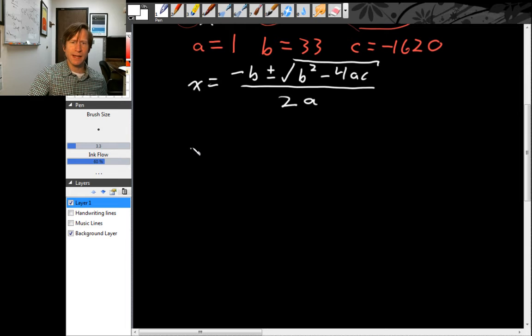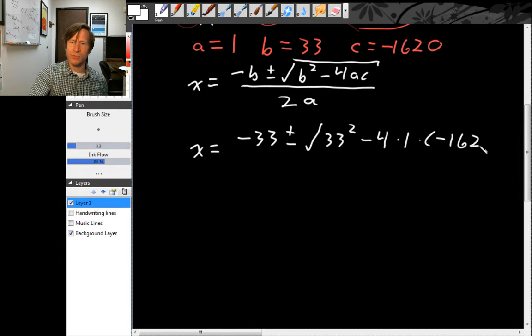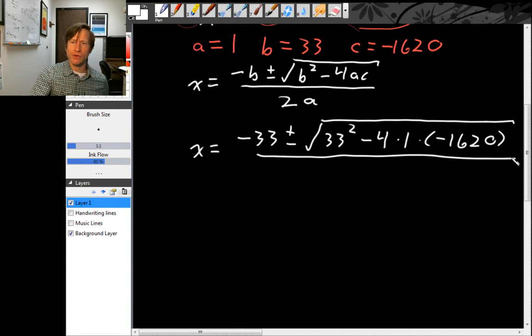We get x equals negative b, so that's negative 33, plus or minus the square root of 33 squared minus 4 times 1, which is a, times c, which is negative 1,620. So square root of that whole thing, all over 2 times 1.